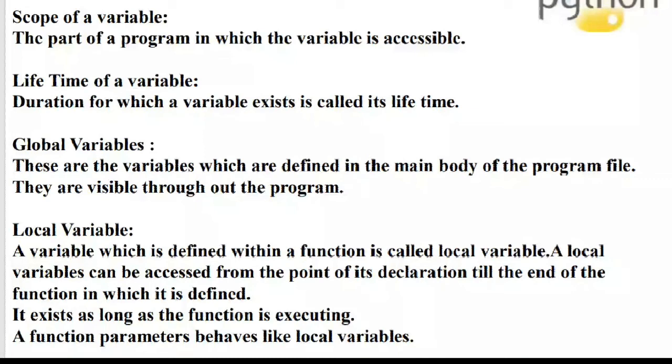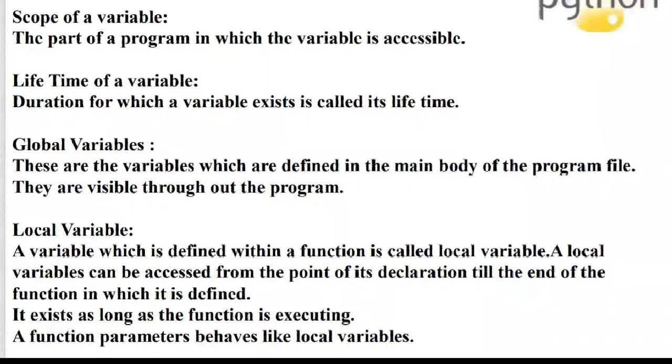Next is the local variable. A variable defined within a function is called a local variable. Even the formal parameters that you have given for the function are considered to be local. Whatever you declare within the function, as well as the formal parameters, are local to your function. They will be available only within the function. Outside the function, if you try to access them, the outside will not know those variables.